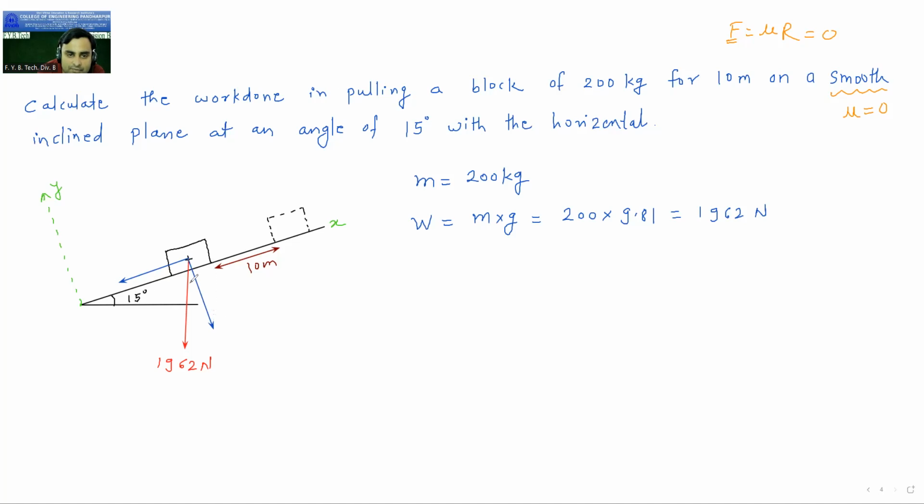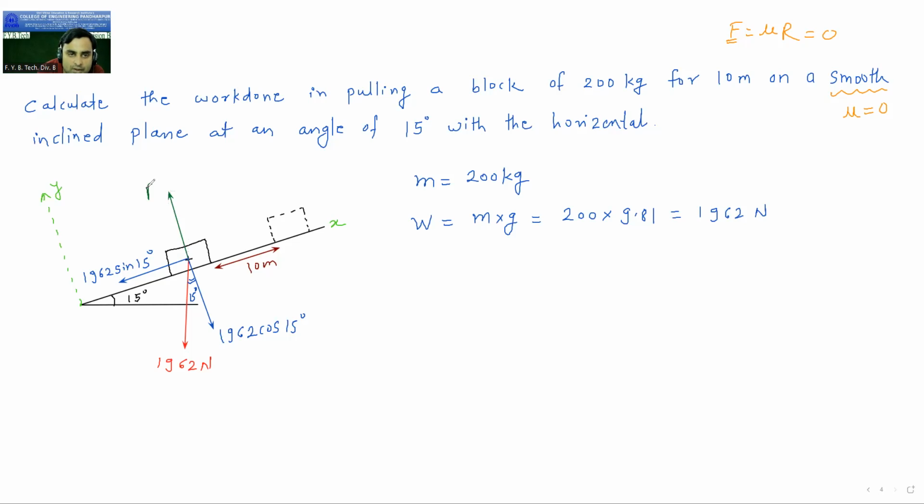If this angle is 15, this angle is also 15, because the angle between the lines is the angle between their normals. So this will become 1962 cos of 15 degree, and this is 1962 sin of 15 degree. Then we will draw the normal reaction also. Here this is the normal reaction R.